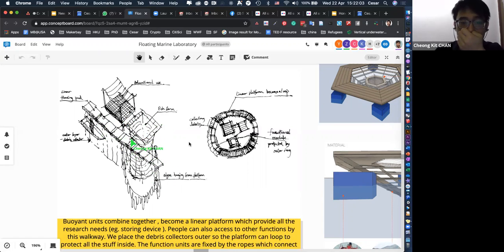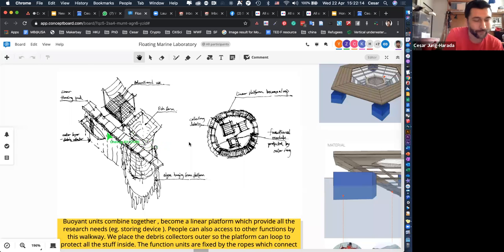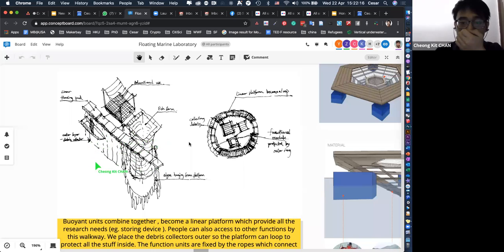They are fixed by ropes, and the ropes are attached to each other so they won't spread away and crash. And the debris collector can lay in the outer layer.